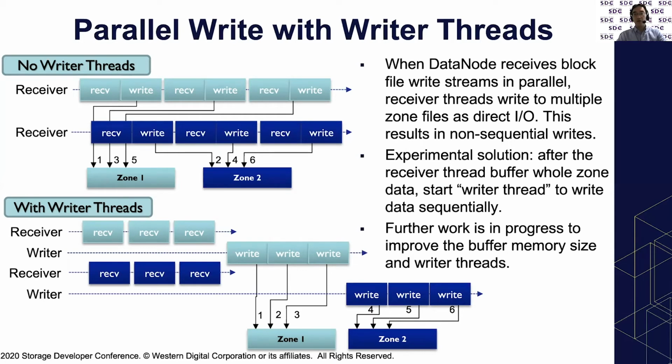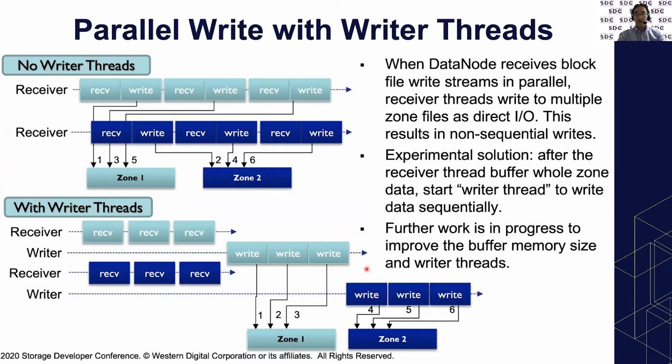However, from the performance point of view, another change is required in HDFS. When DataNode receives block file write streams in parallel, the receiver threads write to multiple zone files, and then it results in performance degradation.